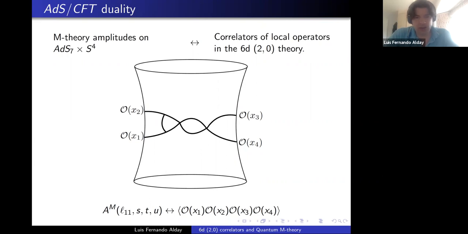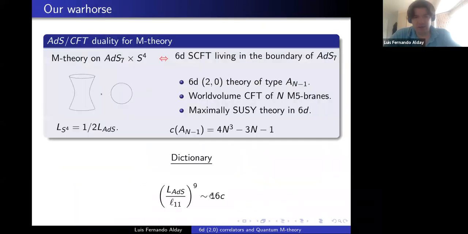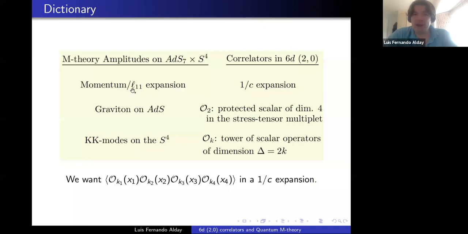Then let's make the dictionary slightly more precise. Because of this entry of the dictionary, notice that the momentum expansion, which was an expansion in powers of L11, maps to a 1/c expansion for the correlators in the 6D (2,0) theory.